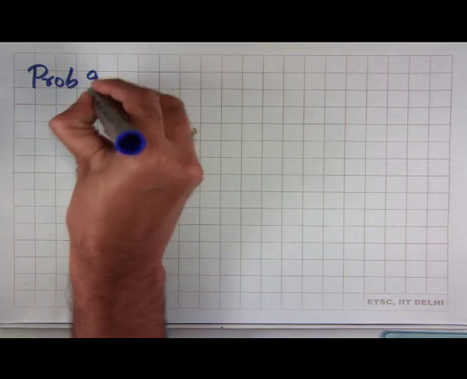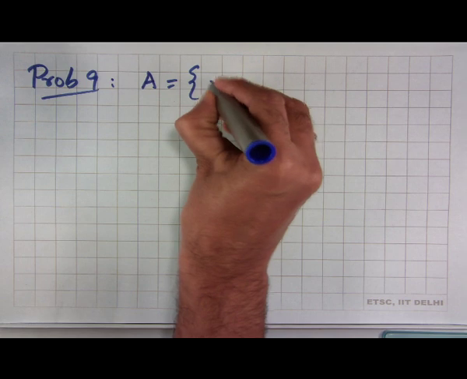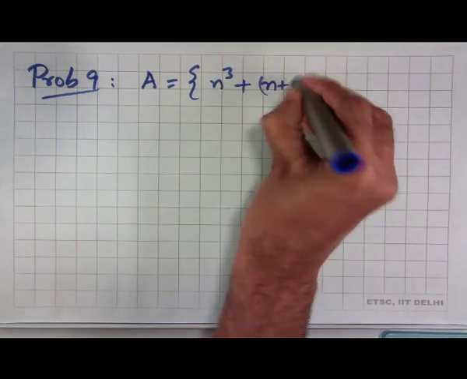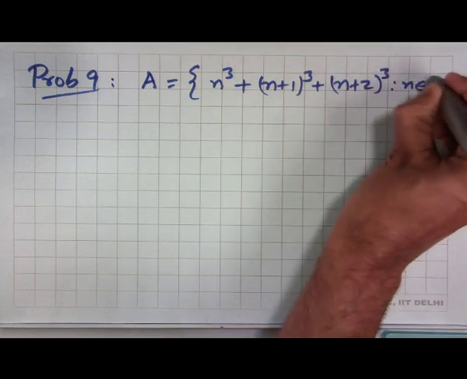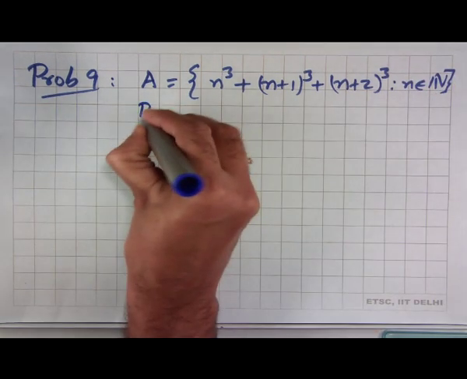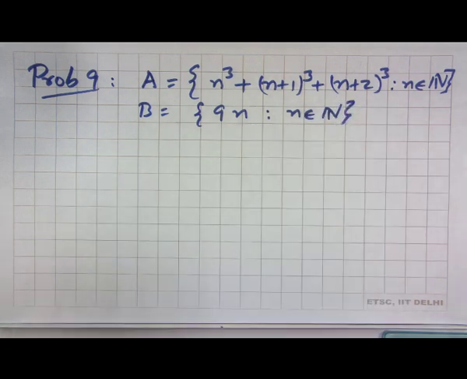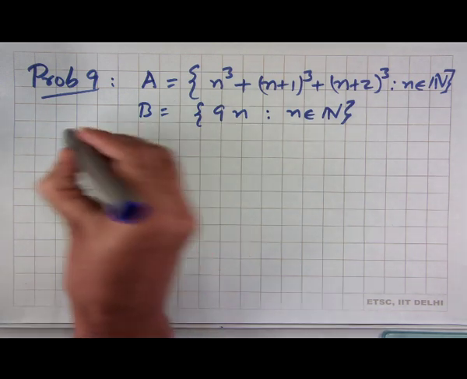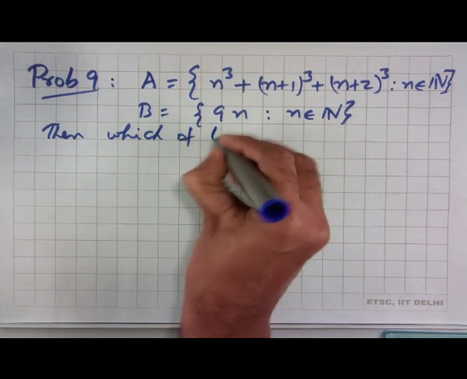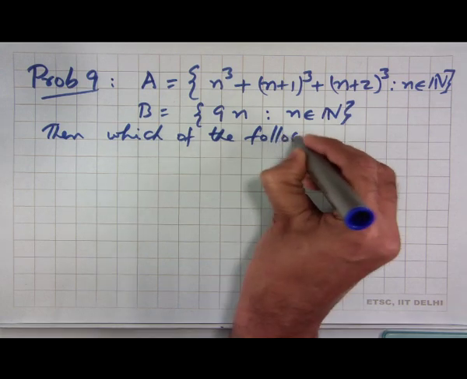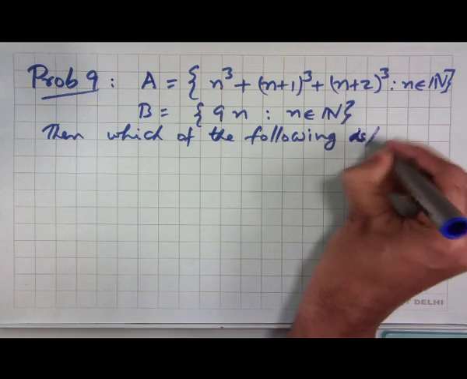The next problem: let us take A to be the set n cube plus (n plus 1) cube plus (n plus 2) cube, where n is a natural number, and B is 9n, n in N. Then which of the following is or are true?